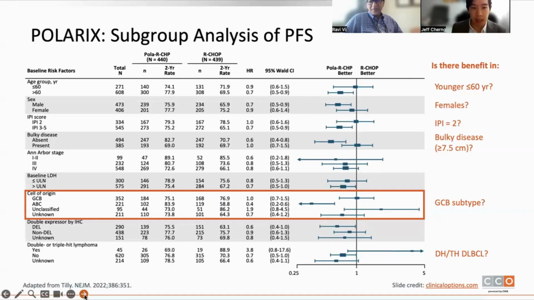In my practice, probably half of patients are GCB subtype, though I would say a fraction of these are double hit because it does tend to happen a little bit more in the GCB subtype. Maybe a third to 40% are non-GCB, and then there are some patients that are unclassifiable.